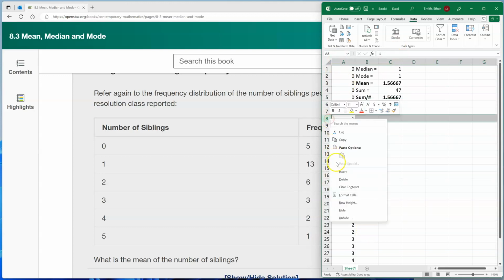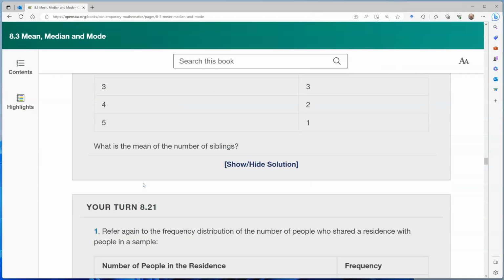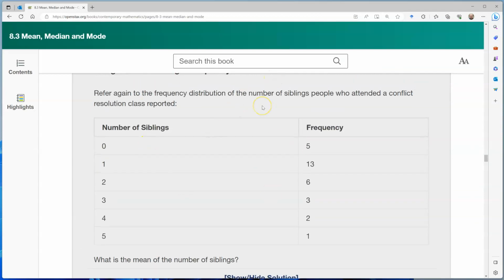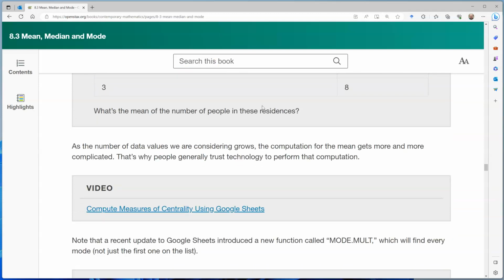For example, if I inserted another 1 here, you can see that it automatically updates everything. That's just a power trick for Excel: if you add or remove things, it keeps your functions up to date, because if you didn't use the count, you'd have to manually update it to 30 elements. So that's how you can calculate the mean with a frequency distribution.